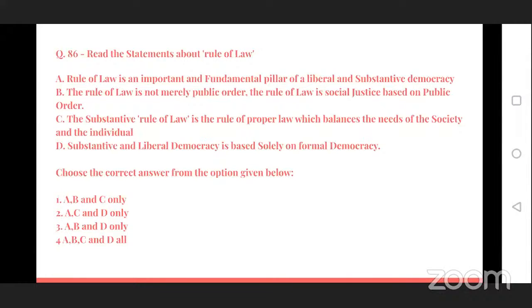C, the substantive rule of law is the rule of proper law which balances the need of the society and the individual. And D, substantive and liberal democracy is based solely on formal democracy. The options are: A, B, C are correct; A, C, D are correct; A, B, D are correct; and all are correct. The answer is option 4, that all are correct.